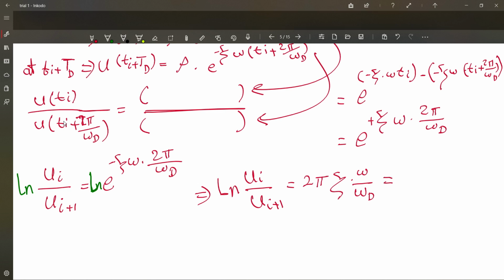This is something very unique. We're going to call it sigma. Okay, let's assume it sigma. And this sigma, we're going to give it this name, the logarithmic decrement.